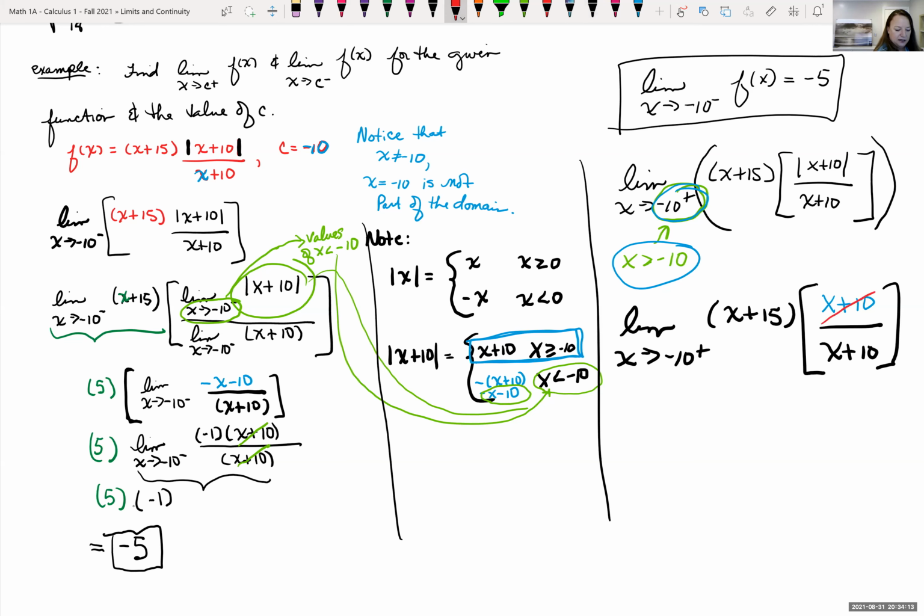And so technically those cancel, just leaving us with a 1. And so now when we look at the limit as x is approaching negative 10, plugging in negative 10 wherever we see an x, we get negative 10 plus 15, all times 1. So this is 5 times 1, which is 5.